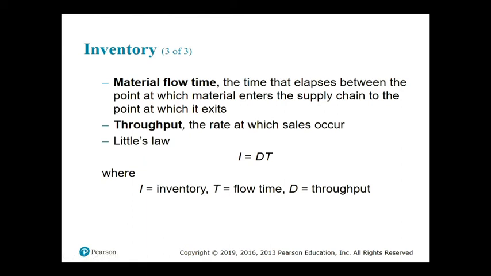Now, which means if I have 100 units of inventory and my throughput, the rate I'm consuming inventory, is, let's say, 10 products per day.